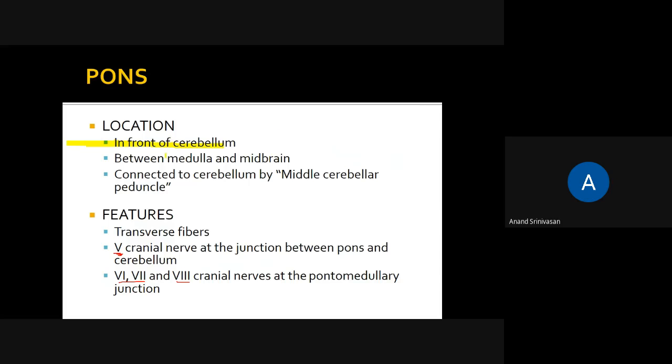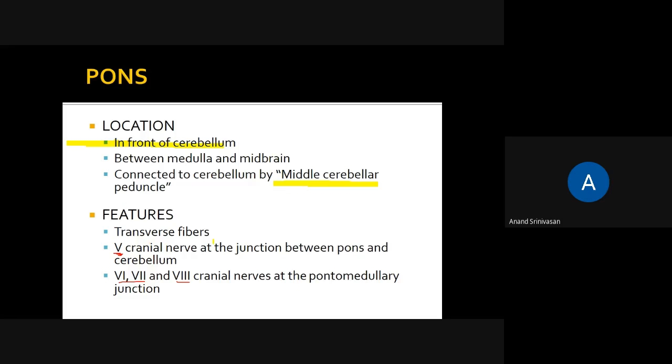The pons is located in front of the cerebellum, or you can say that the cerebellum is located behind the pons. Longitudinally, it is situated between the medulla and the midbrain. It is connected to the cerebellum by the middle cerebellar peduncle.